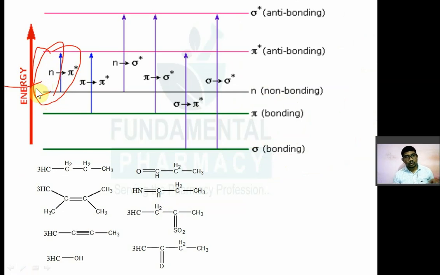After that pi to pi star: this transition requires more energy than n to pi star.